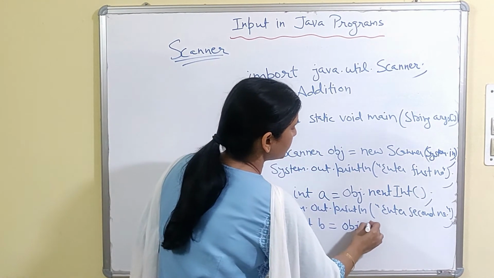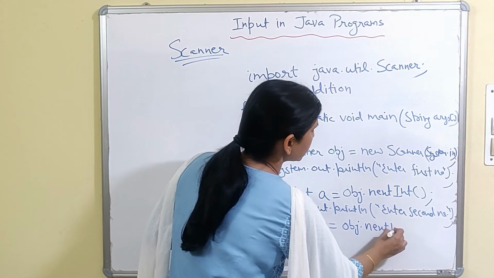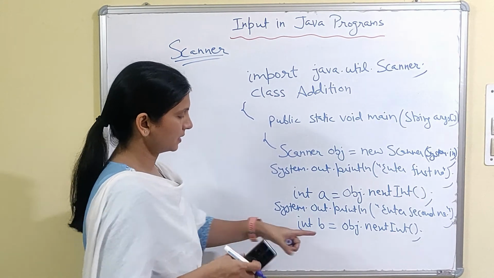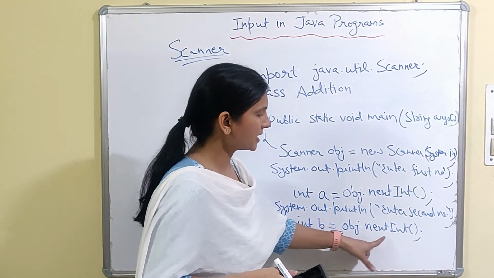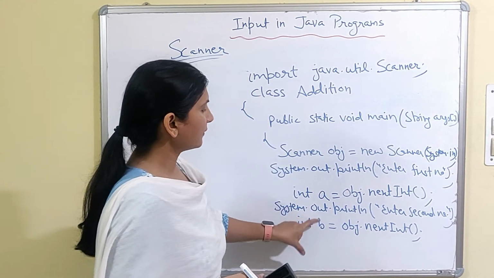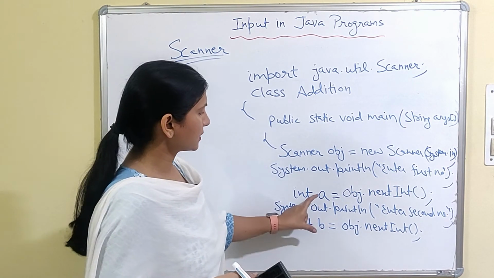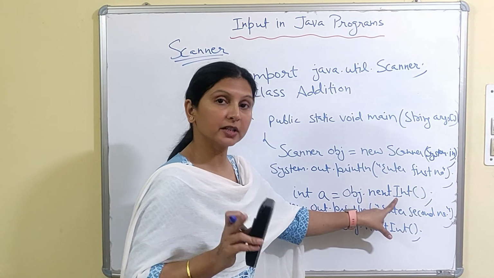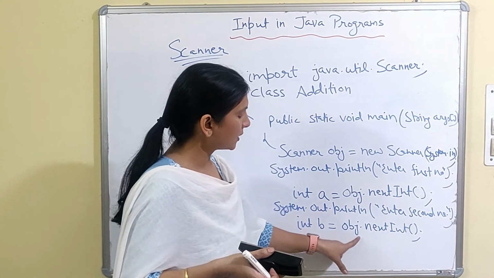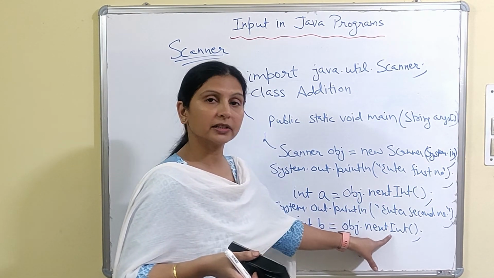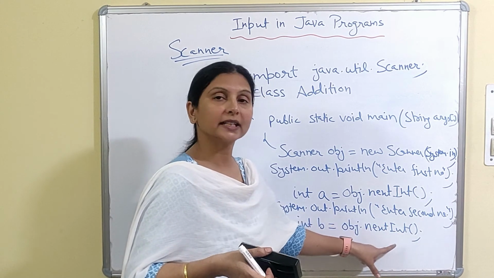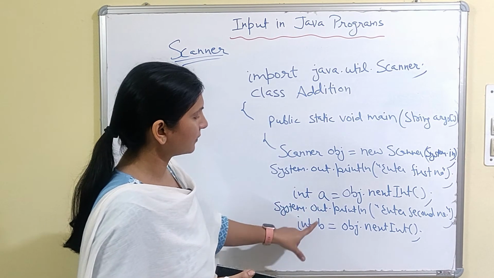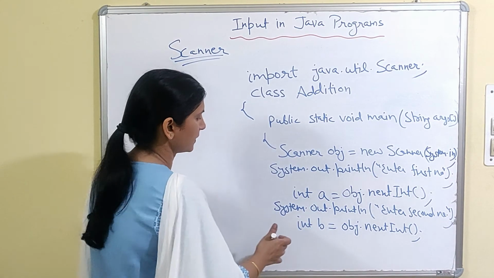Both will be correct. b equals obj.nextInt, the same way. So you have got two values in two variables. The first obj.nextInt will read the first value we enter, and the second obj.nextInt will read the second value we enter during execution. That will be assigned into a and b.